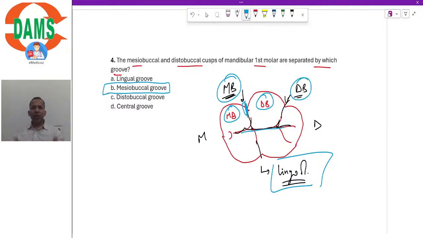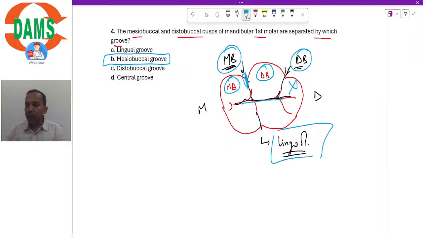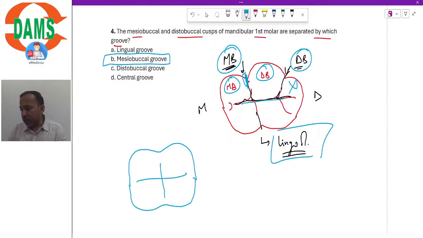Now, these are the grooves on the mandibular first molar. What about the mandibular second molar? Do we still have these three grooves, that is mesiobuccal, distobuccal, and the lingual grooves, or do we have lesser grooves, or do we have more grooves? Because mandibular second or third molars do not have a distal cusp, right? If we talk about the mandibular second or third molar, it will look something like this.